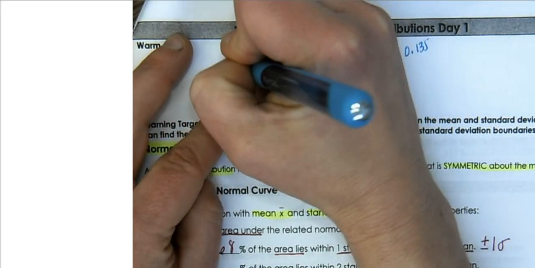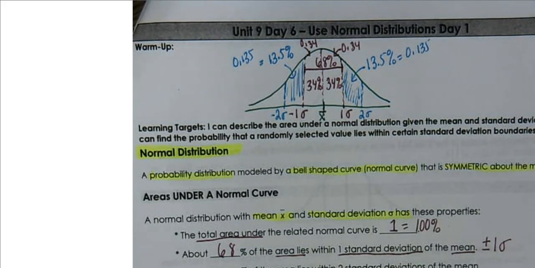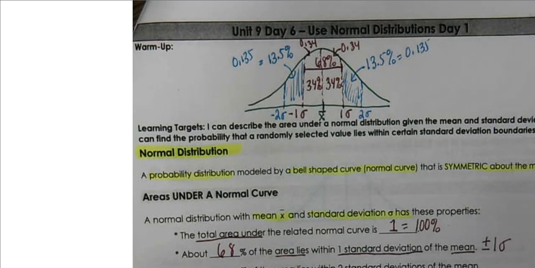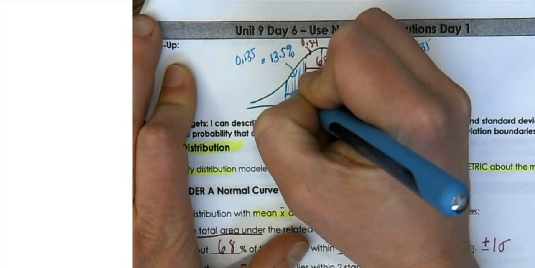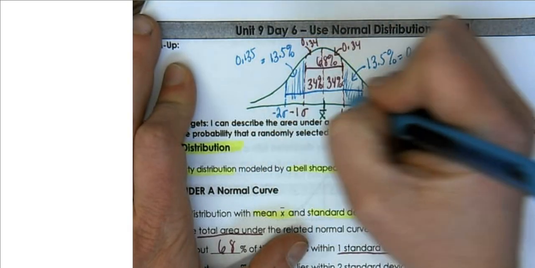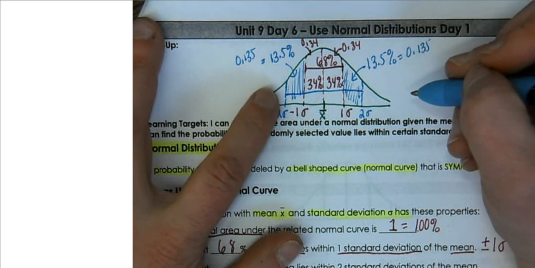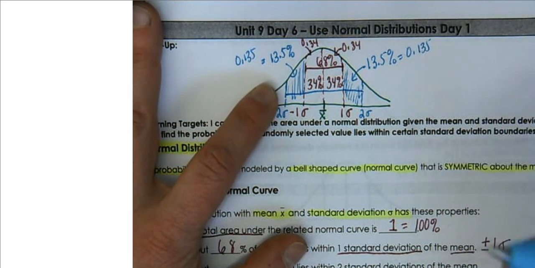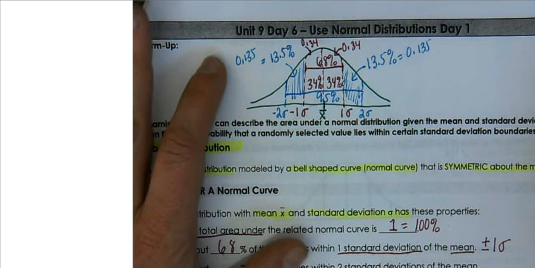I know that you already know that, but that is something that we use when we are using a normal distribution. Therefore, if we wanted to talk about from 2 standard deviations below the mean to 2 standard deviations above the mean, that full distance straight across, if we were to shade everything in between plus or minus 2 standard deviations, that is a total of 95% of the space underneath the curve.